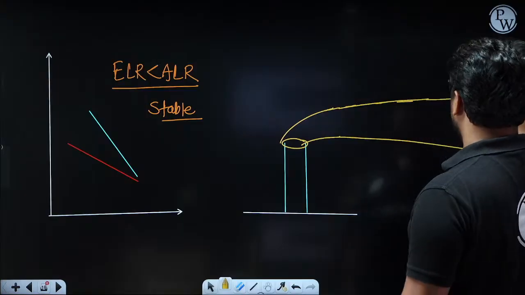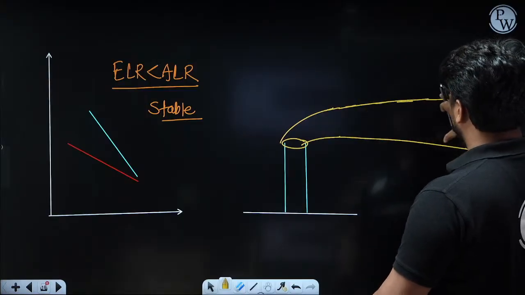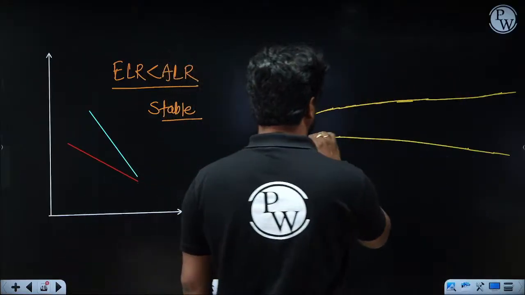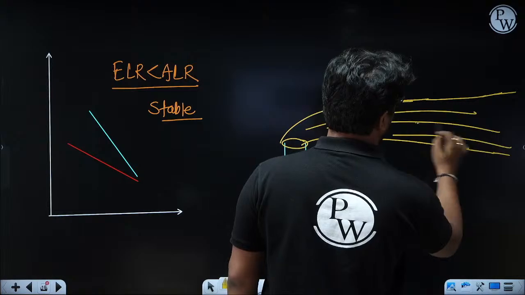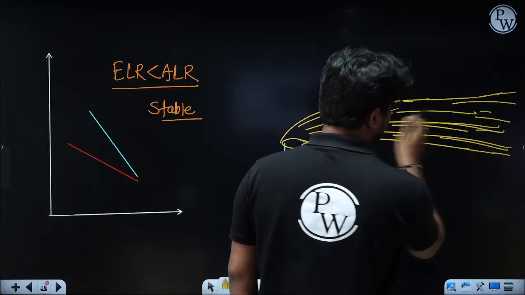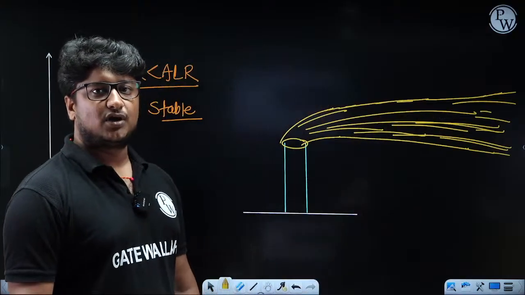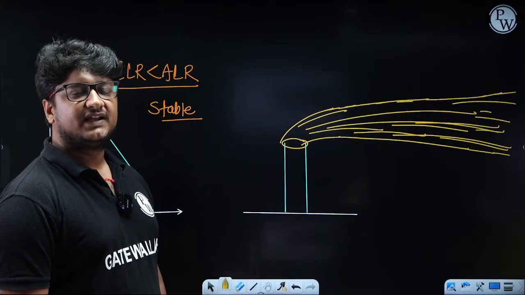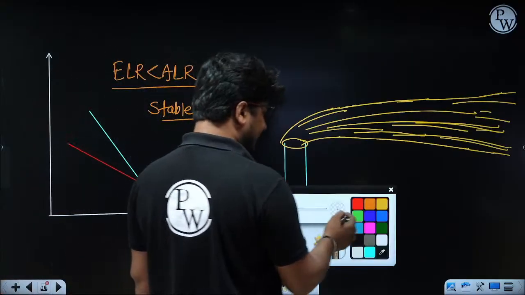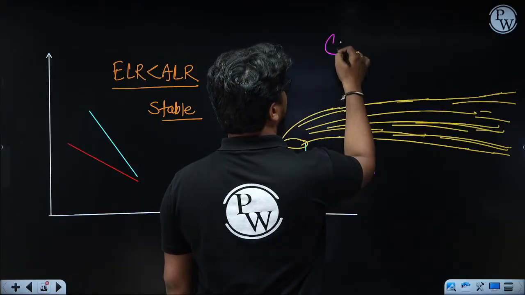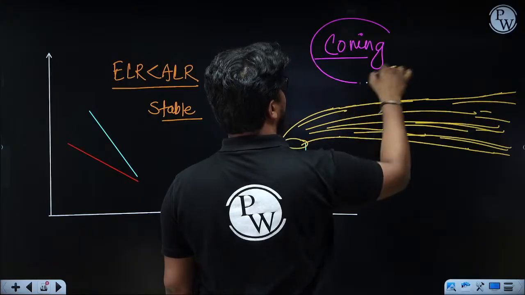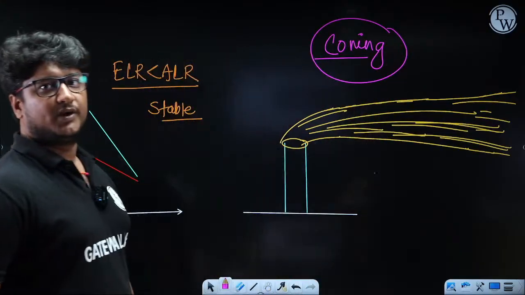Only a small amount of dispersion and dilution is happening, and that's why the plume will be in this shape, and this shape looks like a cone. Is this not looking like a cone to you? That's why the name of this case we have given is coning.